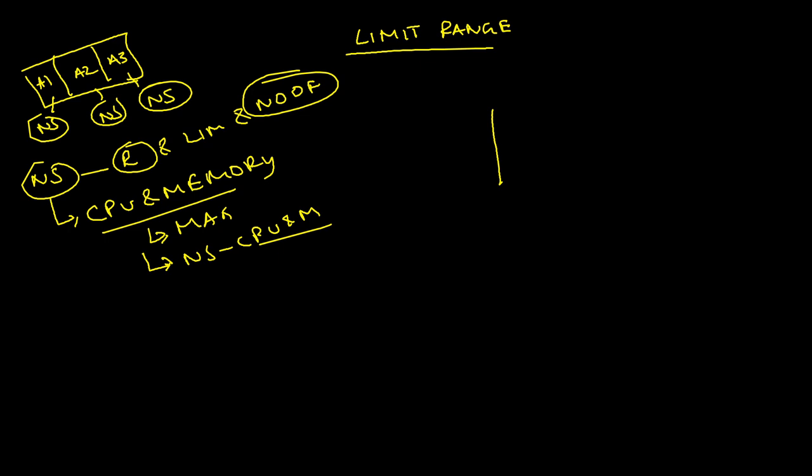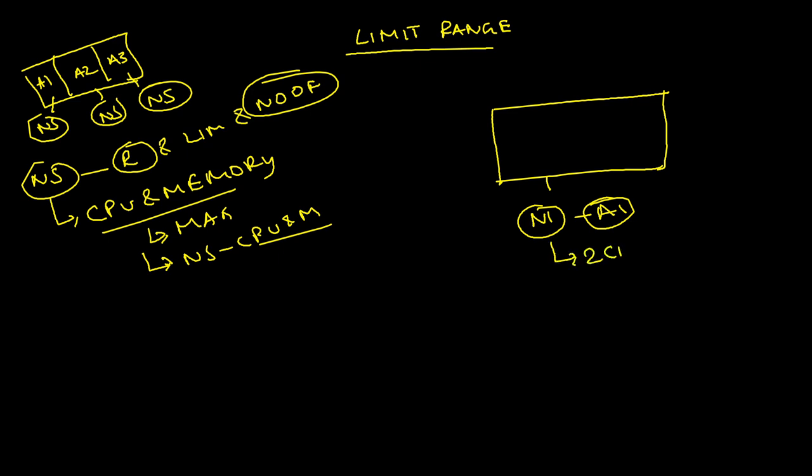Say this is my namespace 1, which I have created for my application 1, and I have given it 2 CPU cores. Overall my system capacity is 8 CPU cores, but for this namespace I have given 2 CPU cores as a limit.